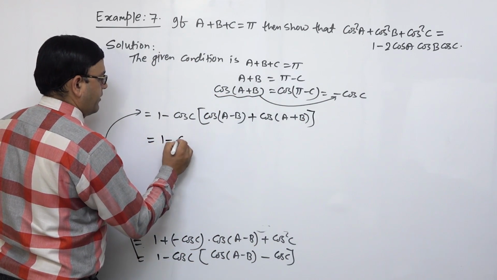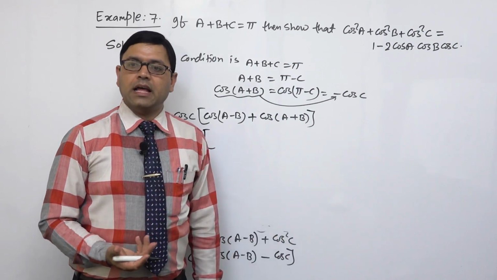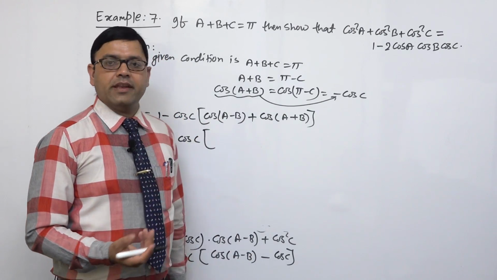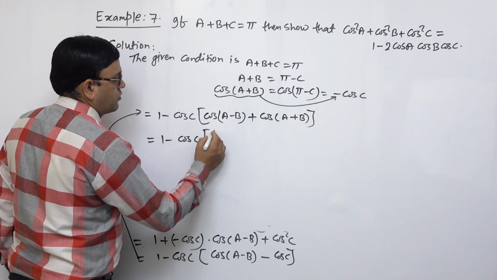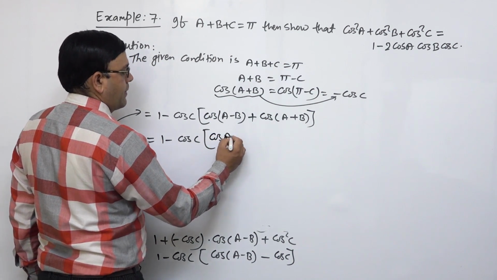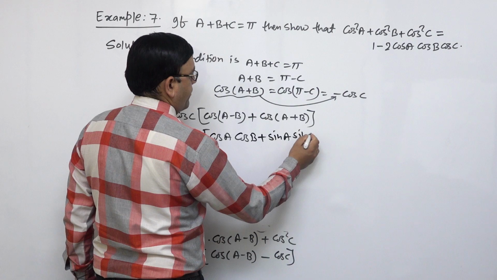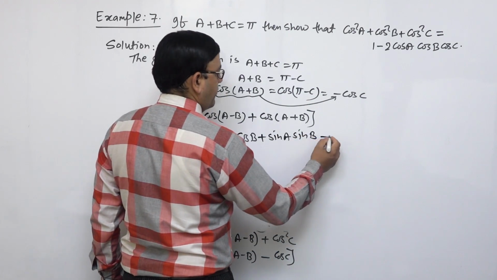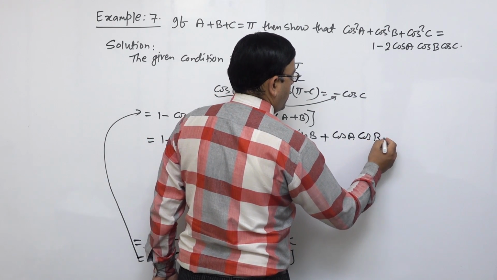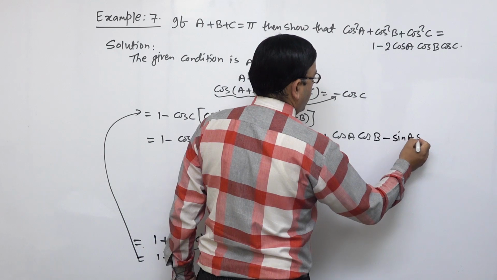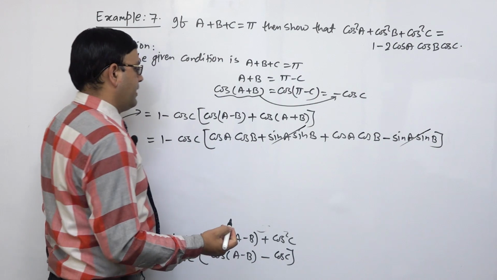This is equal to 1 minus cos C times, we can use the cos C plus cos D formula, or we can open cos A minus B and cos A plus B. So let's open using the formula of cos A plus B and cos A minus B. So cos A minus B is cos A cos B plus sin A sin B. Similarly, plus cos A plus B is cos A cos B minus sin A sin B. So plus sin A sin B and minus sin A sin B cancel.